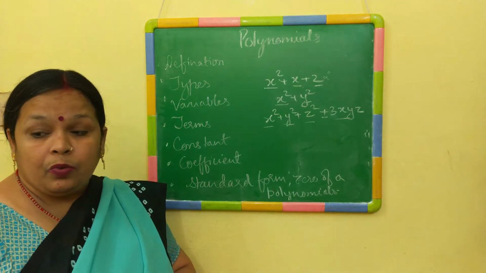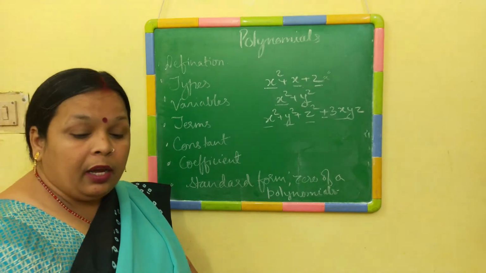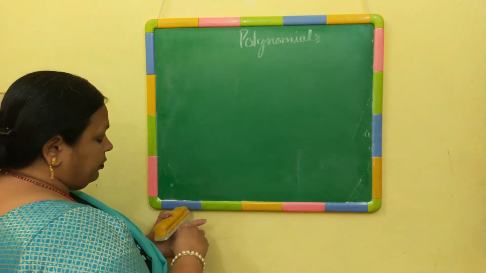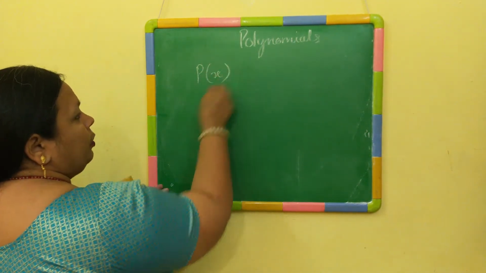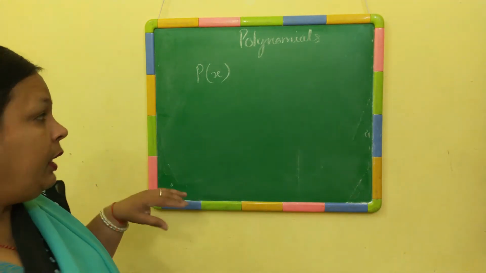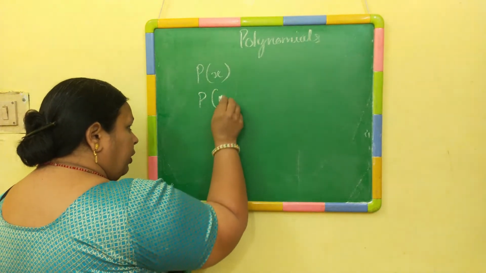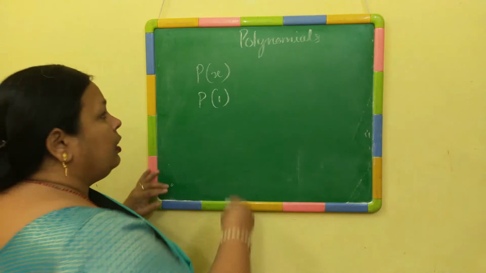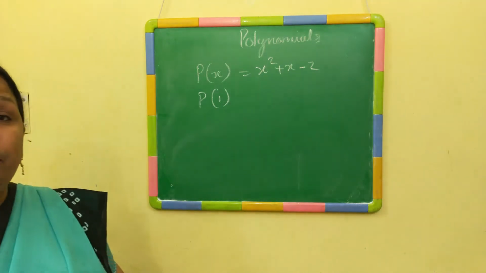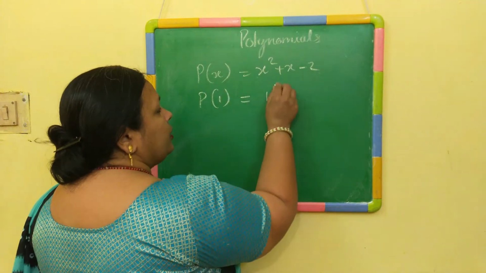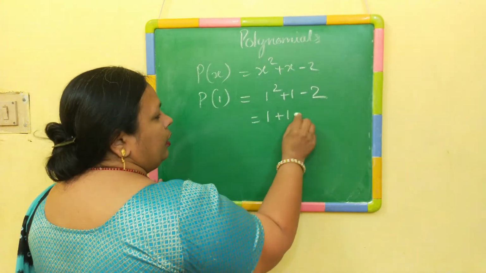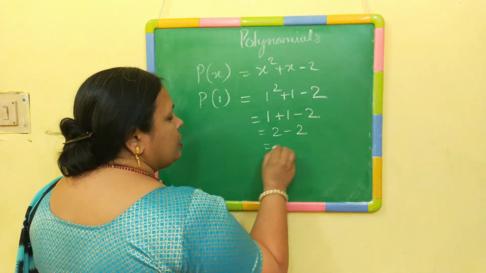We have seen in our last video where I explained that when a polynomial is given, if p(x) is a polynomial, any polynomial, it could be a monomial or a lengthy polynomial, then for a particular value, p(1) is nothing but simply substituting the value. So we substitute the value in p(1), which is 1 square plus 1 minus 2, giving 1 plus 1 minus 2, and 2 minus 2 is 0.